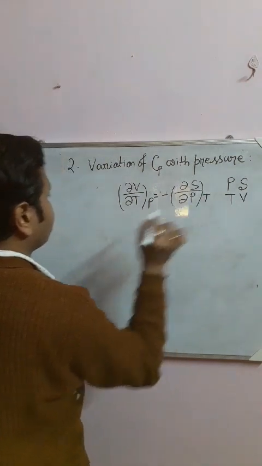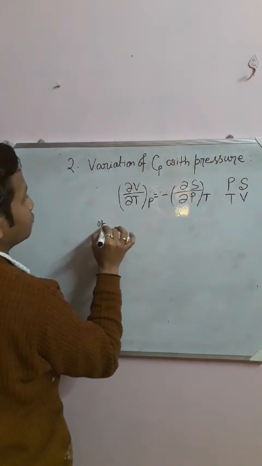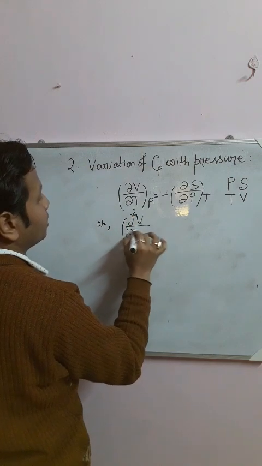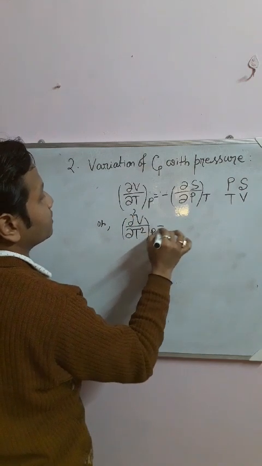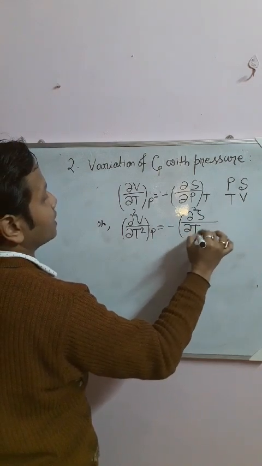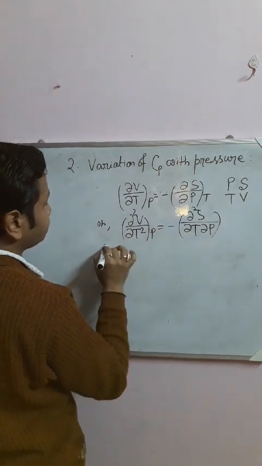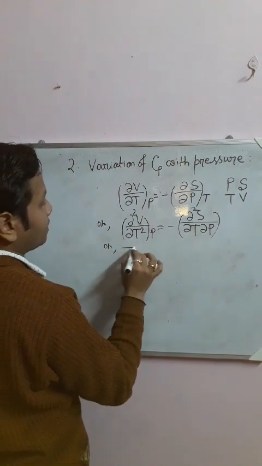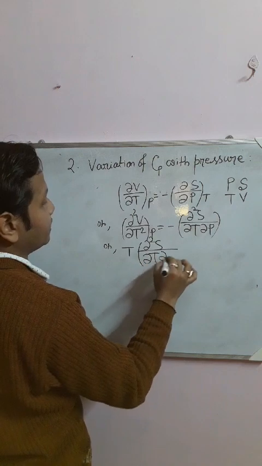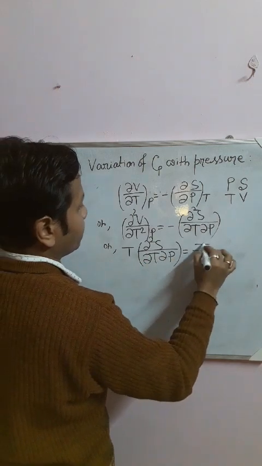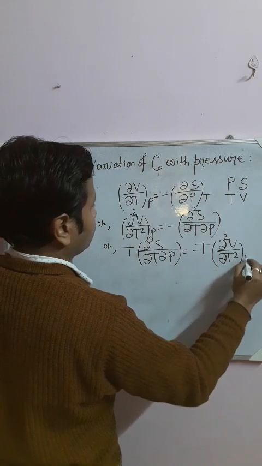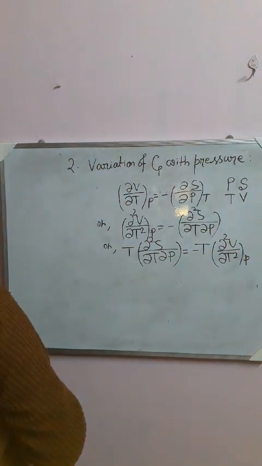Now differentiating this term with respect to T, keeping P constant, what do we get? Del 2V del T2 at constant pressure, you can write as minus del 2S del T del P. So multiply T on both sides, you get T into del 2S del T del P equals minus T into del 2V del T2 at constant pressure.